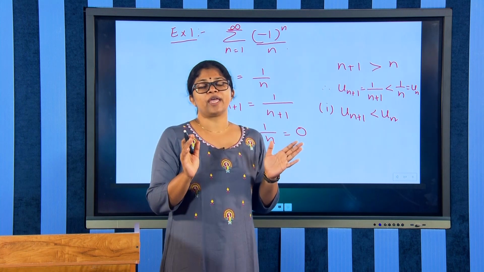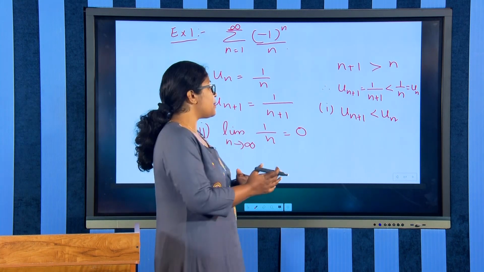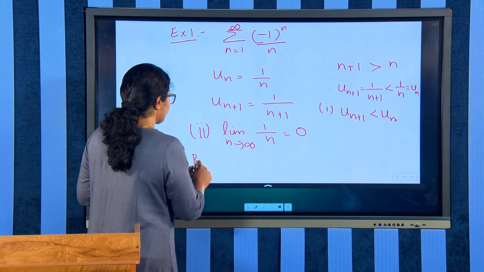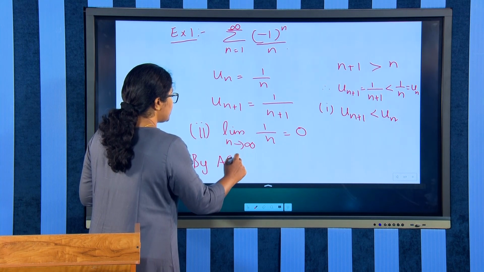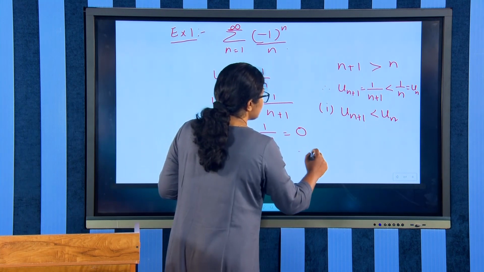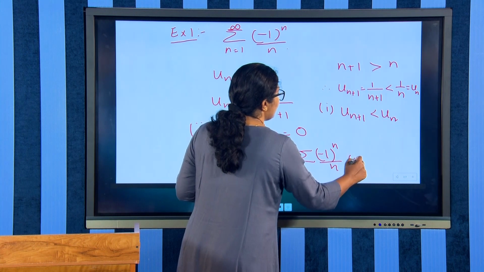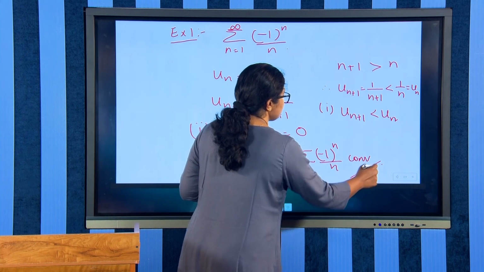So we have satisfied the two required conditions for the Leibniz test, and so by the alternating series test or Leibniz test, we can say summation negative 1 power n upon n converges.